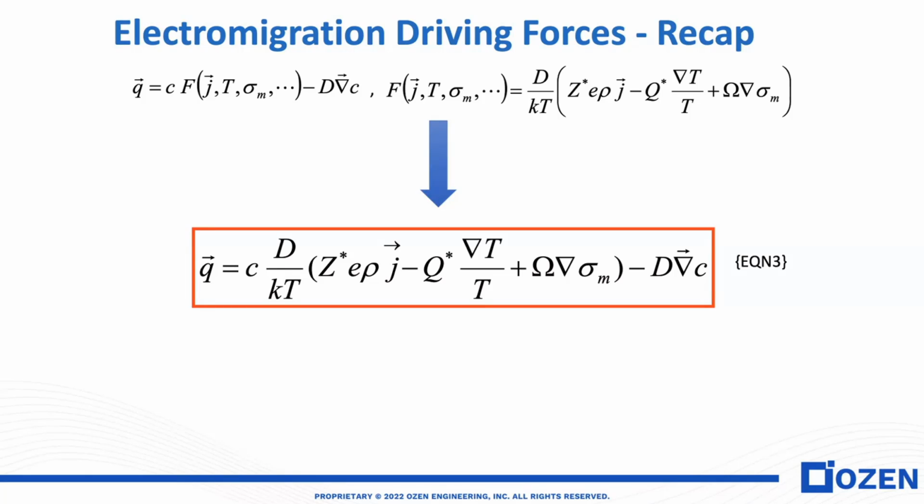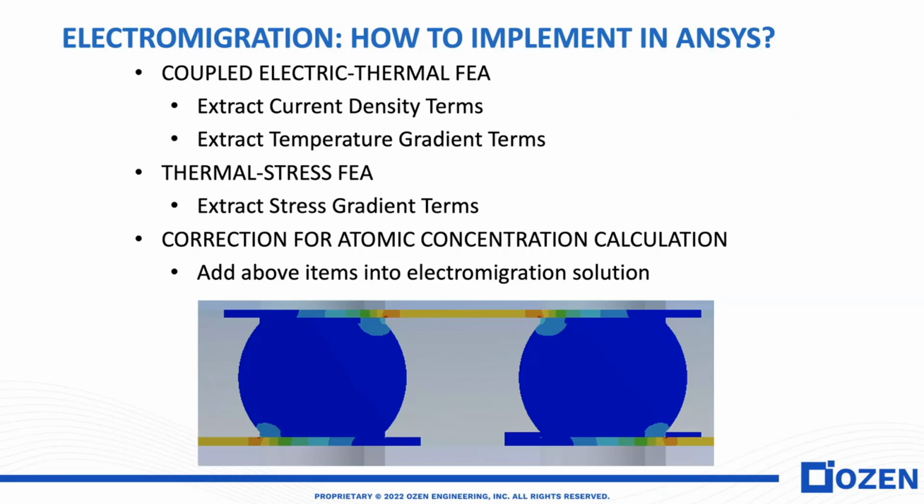So now this is what I call the advanced electromigration equation, and you can still use Ansys to solve this advanced formulation. And to do this, there are really three steps. The first step is to do a coupled electric thermal finite element analysis. And the second step is to do a thermal stress finite element analysis.